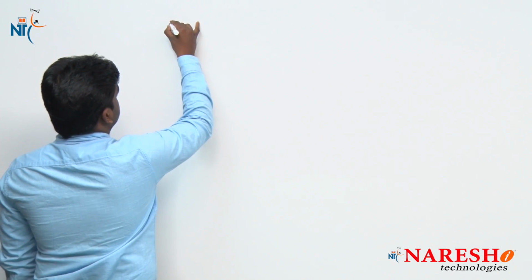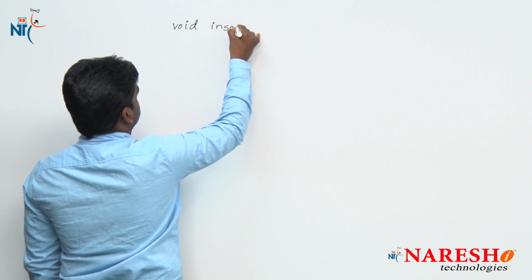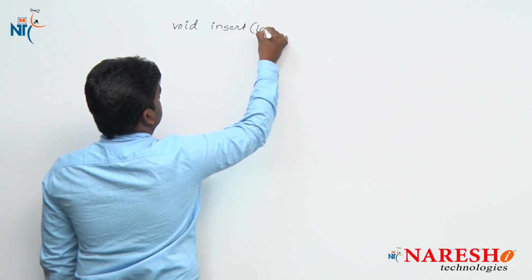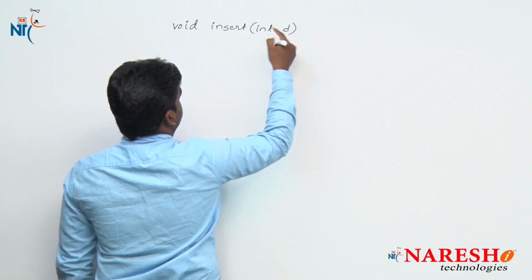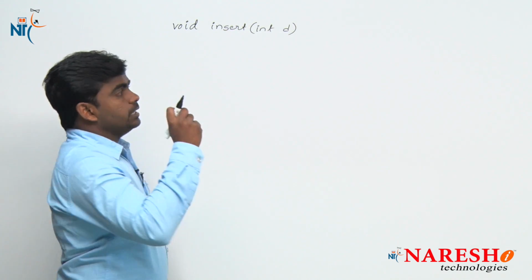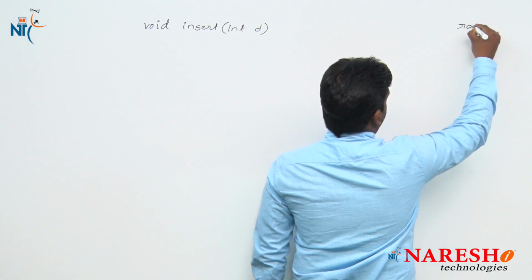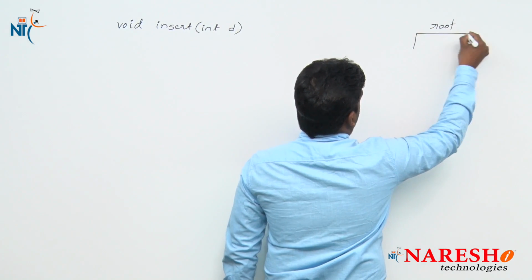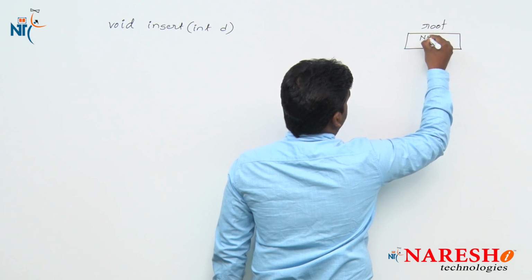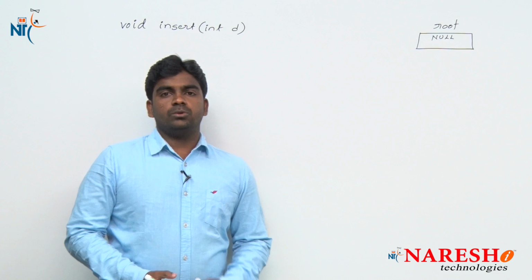See the code we are writing. The function name is void insert. What we want to insert, we collect into d. The root variable is already there, pointing to null.